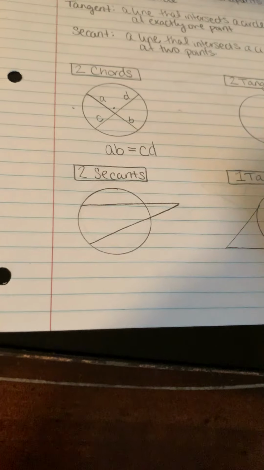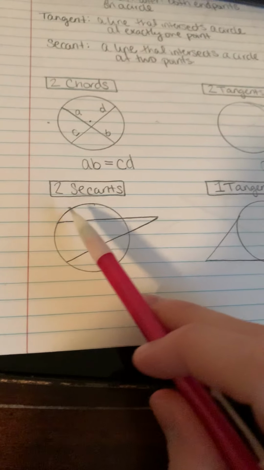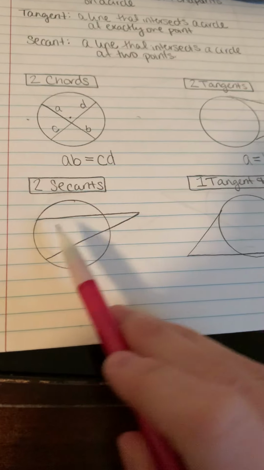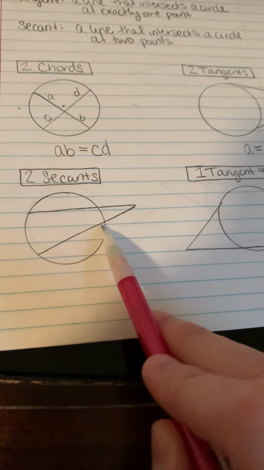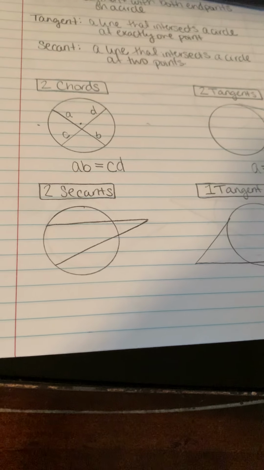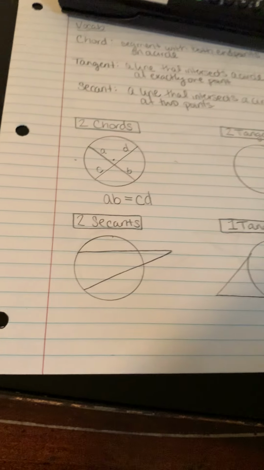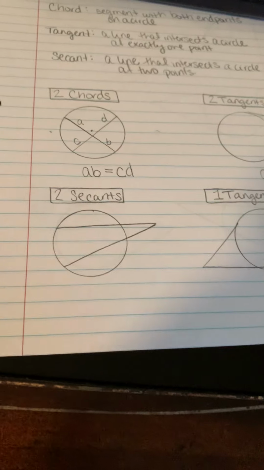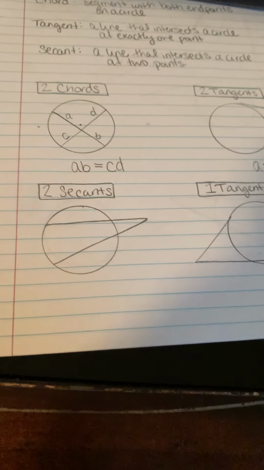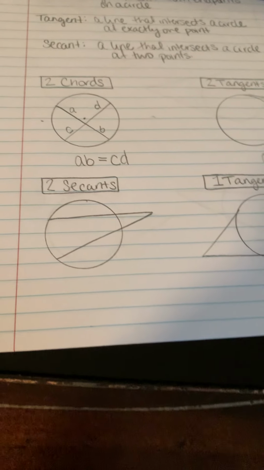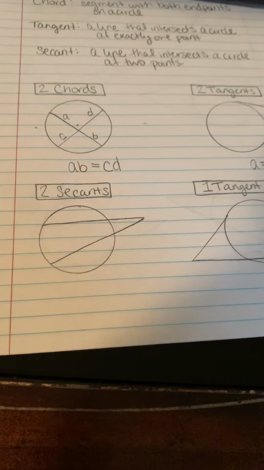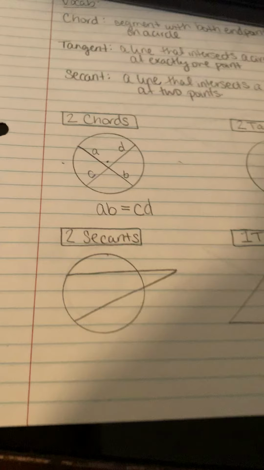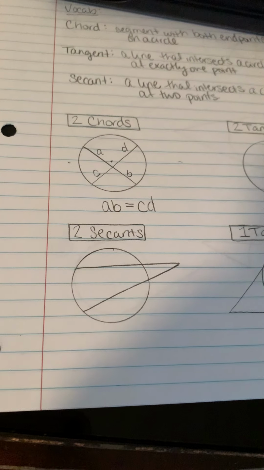Okay, now our new vocab word, secant. And this is a line that intersects at 2 points. So it intersects here and here, and here and here for the other one. Okay, now for secants, it's a little bit more difficult because we have to think about 2 different parts of our secant. So we have what we call the outside.